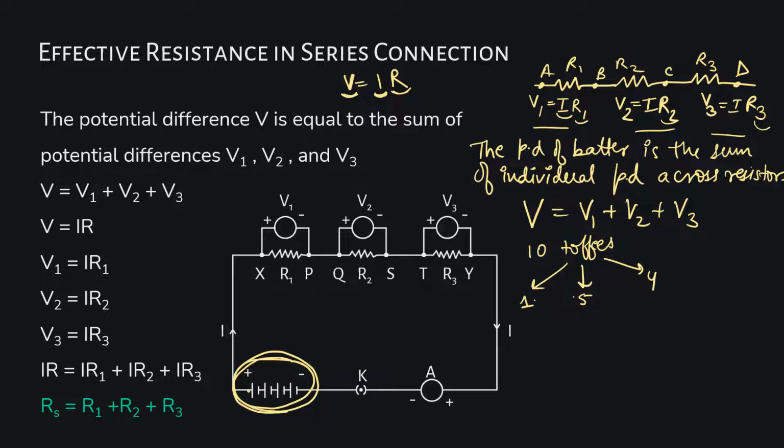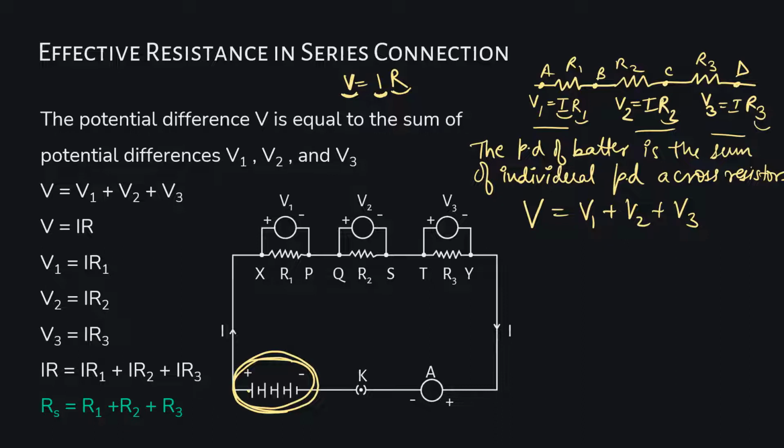Even though they didn't get an equal number of toffees, when you add them up, 5 plus 1 plus 4, it is equal to 10. Similarly, the individual potential differences summed up should be equal to the original potential difference being provided by the mother, which in a circuit is the battery.